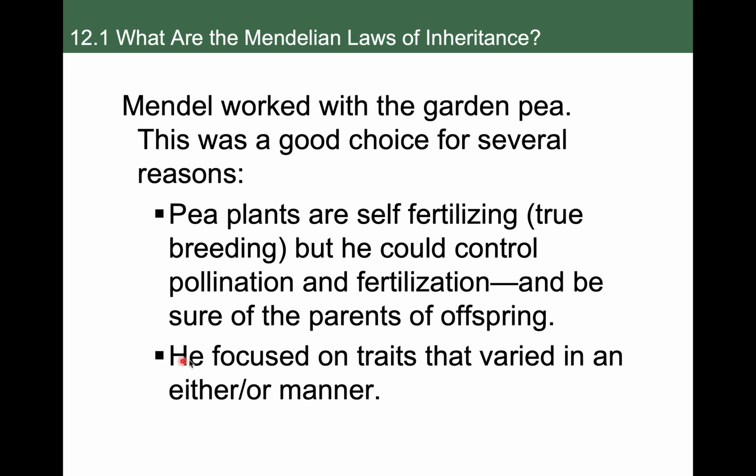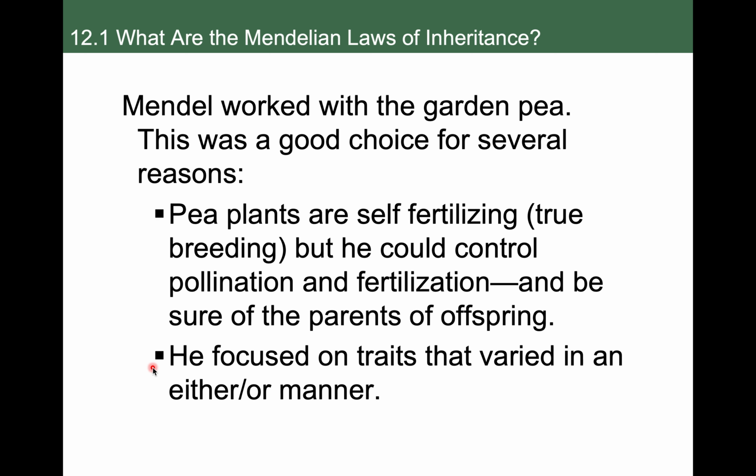And then he also made a good decision in that he decided he was just going to focus on traits that varied in what the book here calls an either-or manner. So, if you're thinking about traits on a pea plant, there might be some where you could have a really wide range of variation in that one trait.